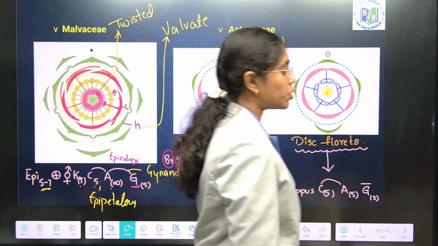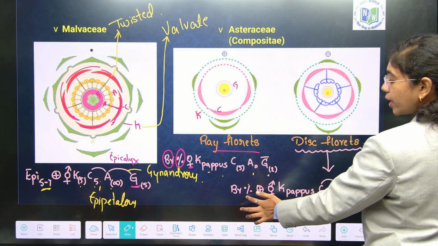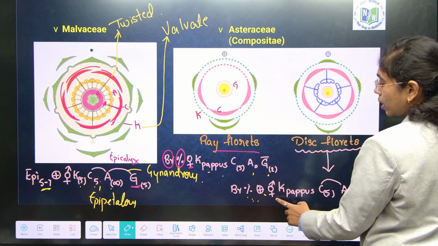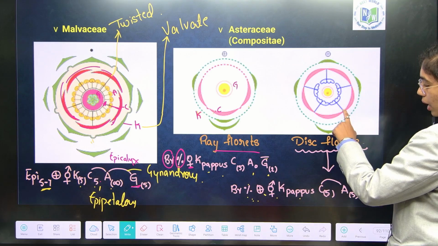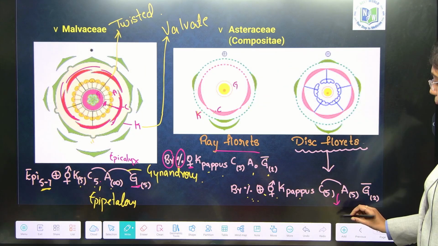Second is what? Disc florets which are at the center. It is bracteate, zygomorphic and actinomorphic. Both type you can see. Bisexual, calyx reduced to pappus, corolla is adjoined to androecium. Showing what? Epipetalous condition.